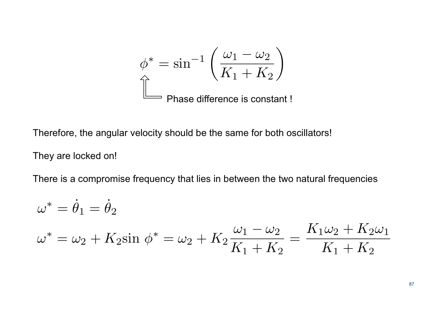So you can get the oscillation frequency from this expression, the angular frequency of any of the two oscillators, and then you just replace the value of sine of phi star, and then you see that this is the final evaluation of the compromise frequency, which is between omega 1 and omega 2.